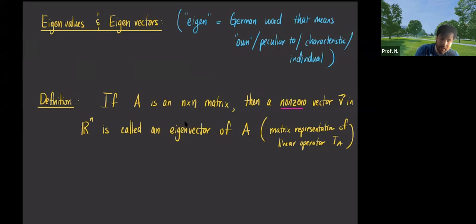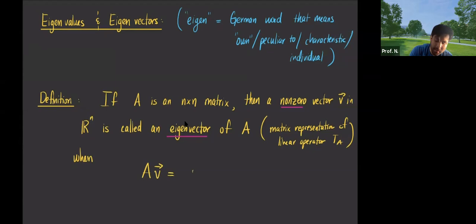Why is it called an eigenvector? When you multiply the matrix A you're dealing with by this vector, what you get is the same thing as if you were to take that vector and multiply it by a scalar.